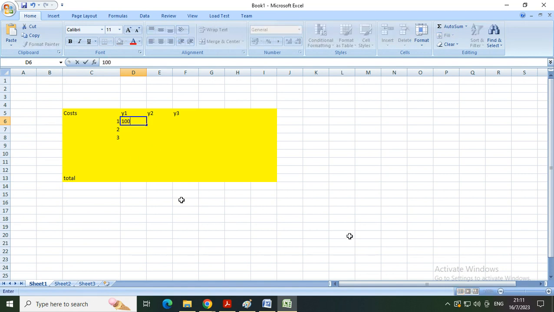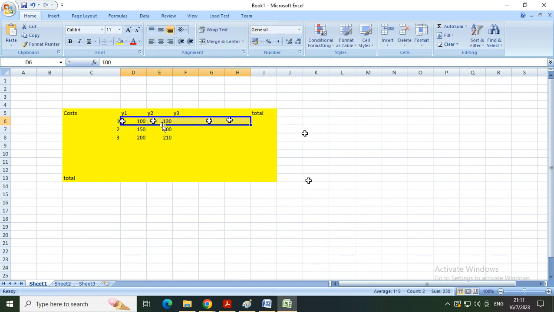Okay. So maybe 100, say 150, and say 200. In year two, it is increased, say 130. Say this is 200, this may be 210, something like that. You got it now? The total here, there will be a total.